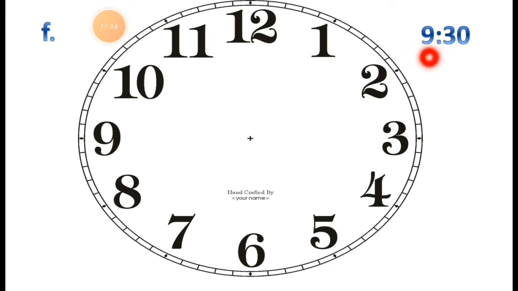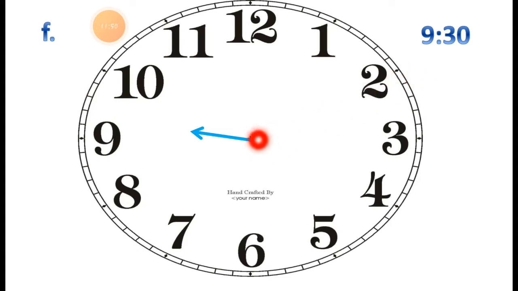After 9 it will be 10 o'clock, so I have to draw it between 9 and 10. Here I drew it. You can check, it is exactly between 9 and 10.